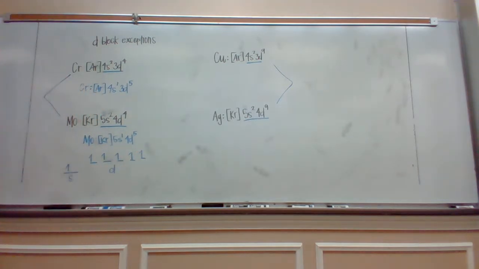All right, so if I would draw the orbital diagram for both of these, it would look like this. The reason they do this is because this is super stable. It has one electron that's unpaired, so it's not being bothered by another electron in every available orbital that it has, okay?